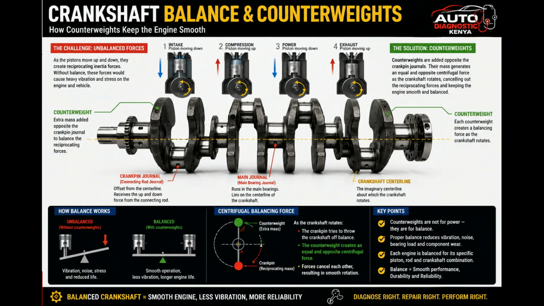So engineers can extend the crankshaft webs to create a counterbalance mass. This produces a centrifugal force that works in the opposite direction. This will result in reduced loading on the bearings.